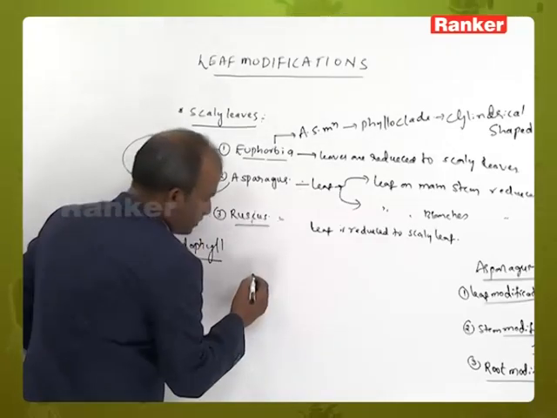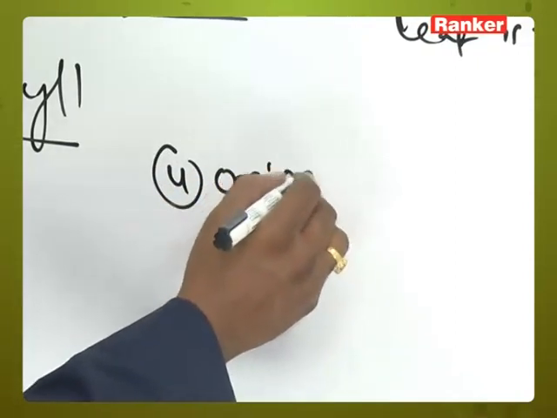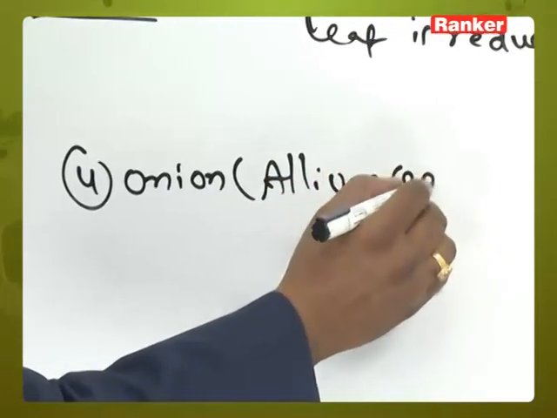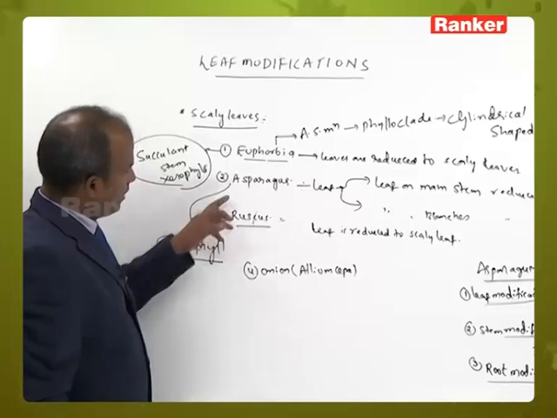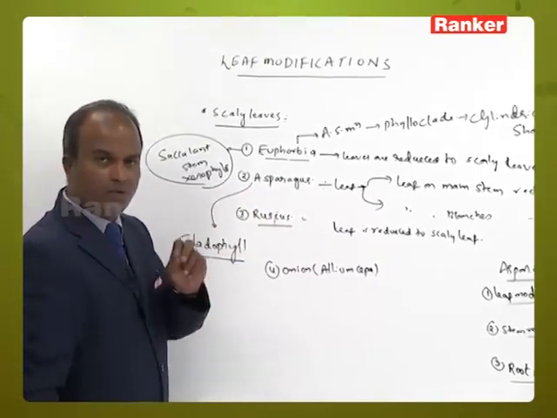Another example is onion, that is Allium cepa. And asparagus and ruscus also belong to Liliaceae members only.